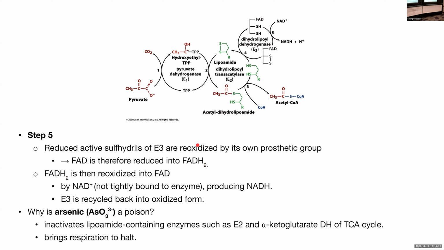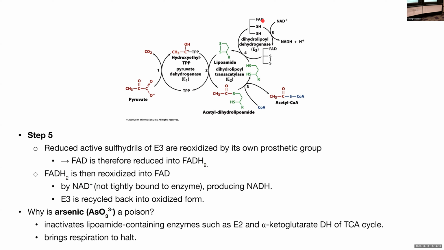I actually skipped this explanation because it can make things a little bit complicated, but it is a really good question. This process actually happens in two steps. The first step would be this FAD, which is highly favorable to accept the electrons to become FADH2. It will take these two hydrogen atoms to make FADH2, and then it'll lead to the disulfide bond between these two sulfurs.